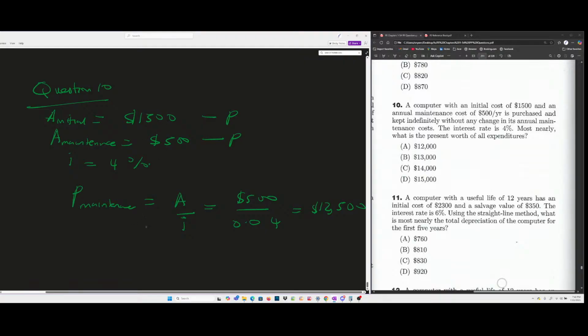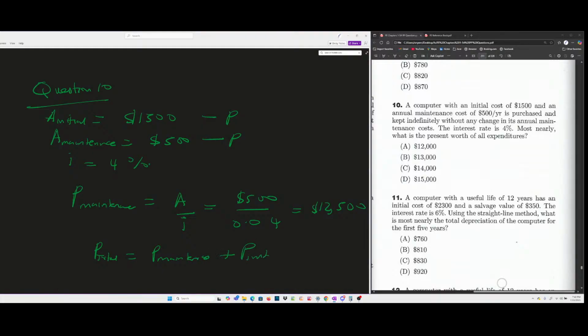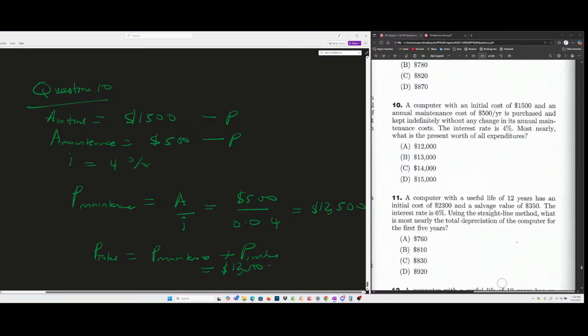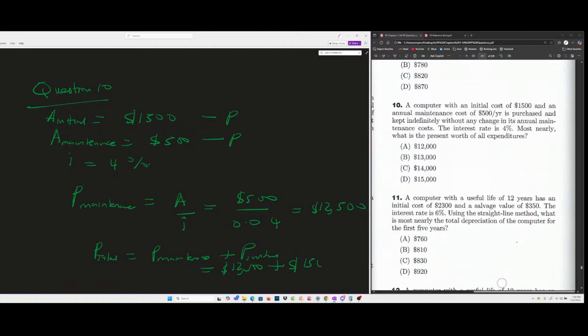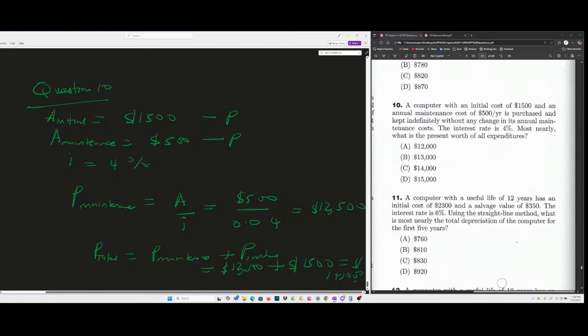The initial is 1500, so P total equals P maintenance plus P initial, 12,500 plus 1500, which is 14,000. So that is going to give us C.